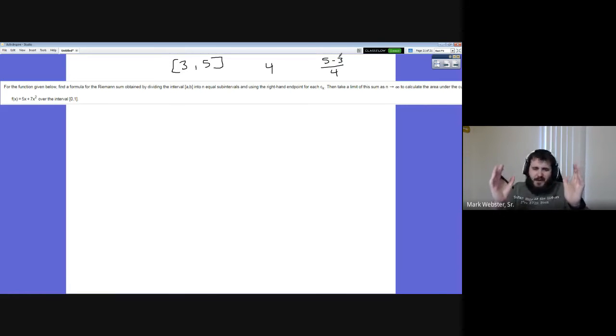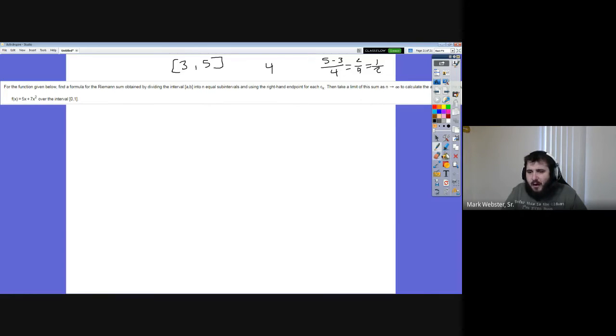Because from 3 to 5 has a length of 2, and we want to split that up into 4 pieces, so each one of those is going to be 1/2, right?